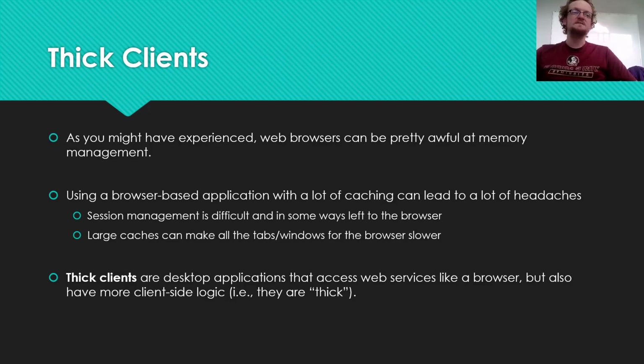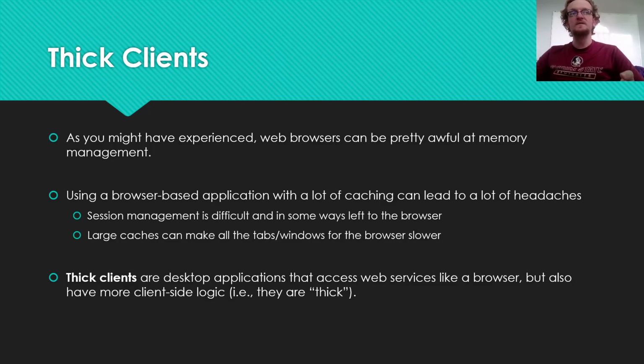The idea is that the more business logic, the more local data are required or are used by the client, the thicker and the thicker and the thicker they get. So if you have a very simple browser web application that doesn't have caching, that doesn't have client-side business logic, that's a very thin application. If you have one that has access to all of the database records and a local copy of the database, that's an extremely thick client.